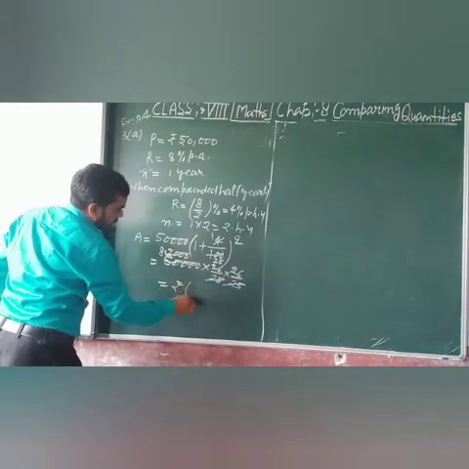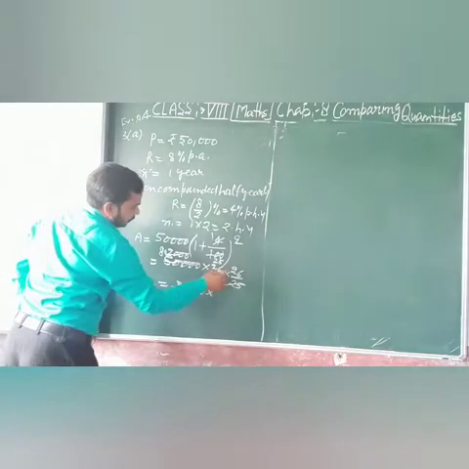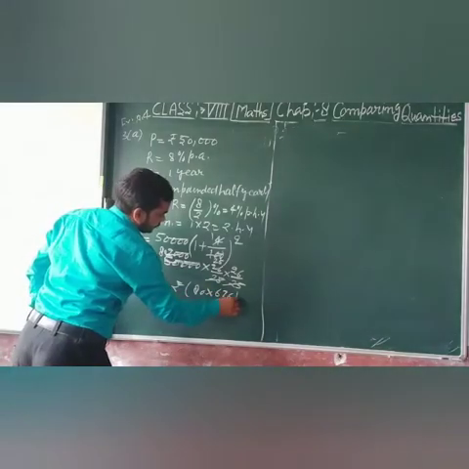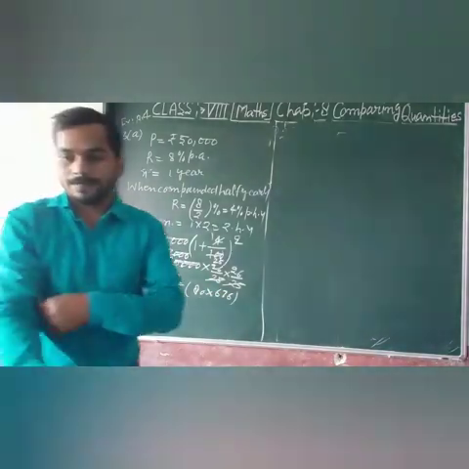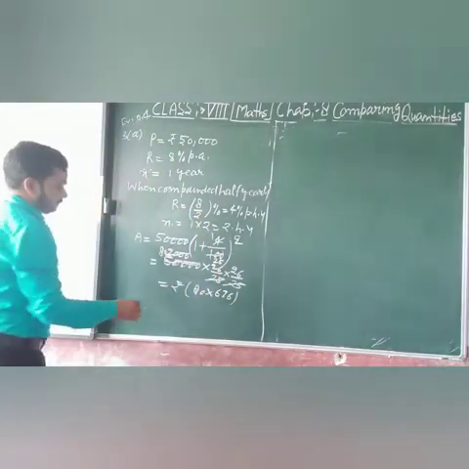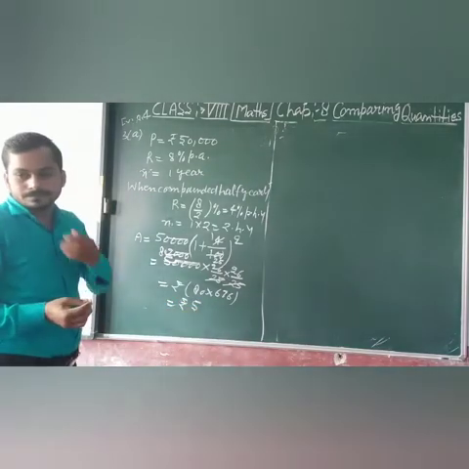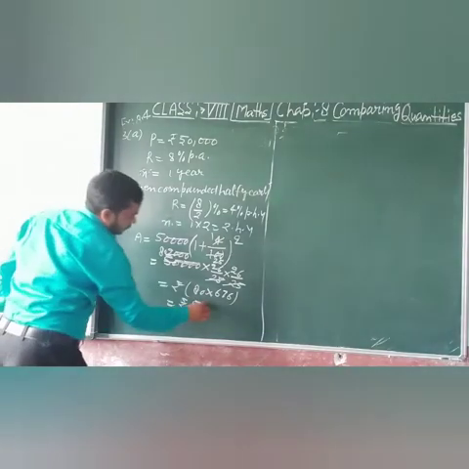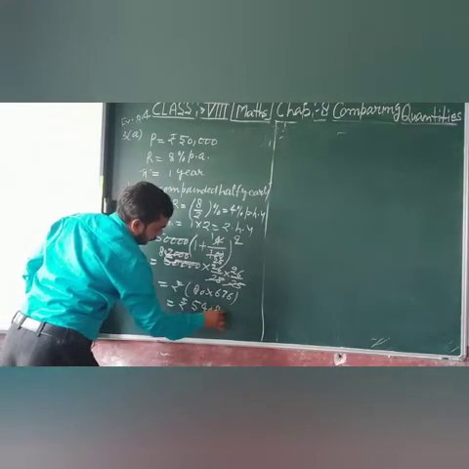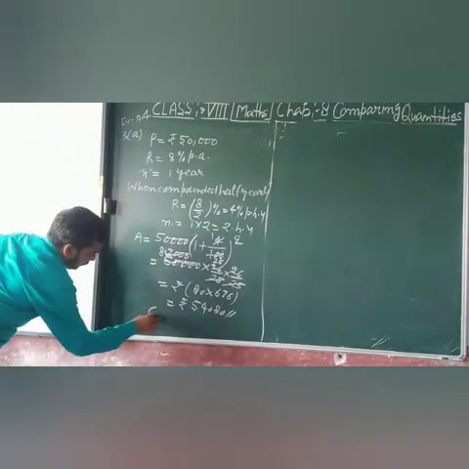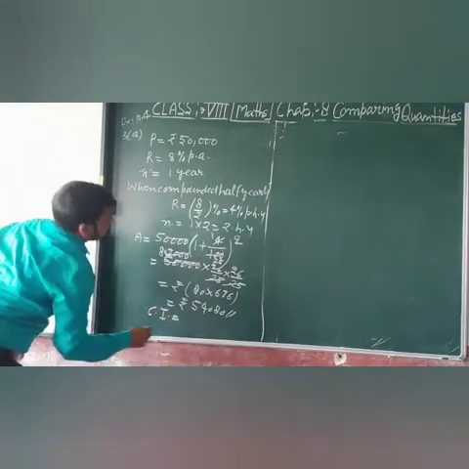Now we have 80 into 26 square, 676. Then multiply. So we have 54,080, that is the amount, and compound interest is equal amount minus principal.